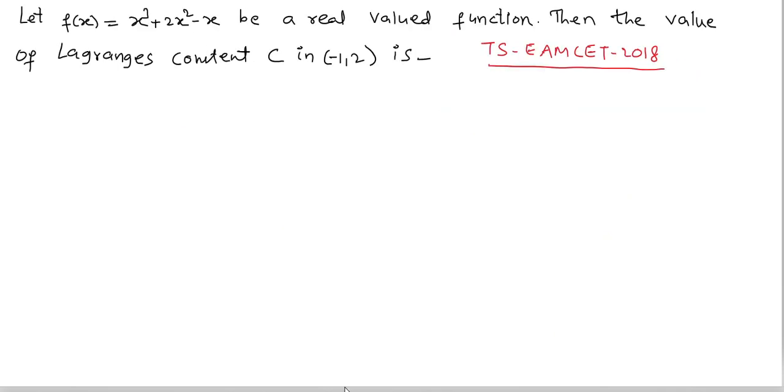Let f of x is equal to x cube plus 2x square minus x, a real valued function. Then the value of Lagrange's constant c in [minus 1, 2] is dash. This is a TSM set 2018 question.